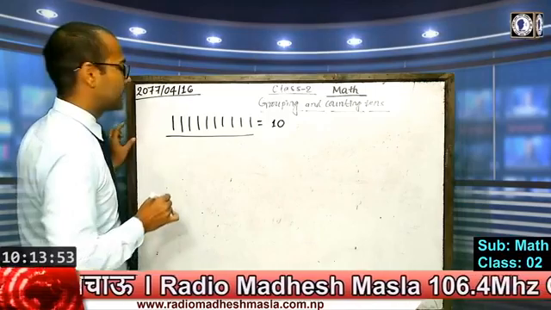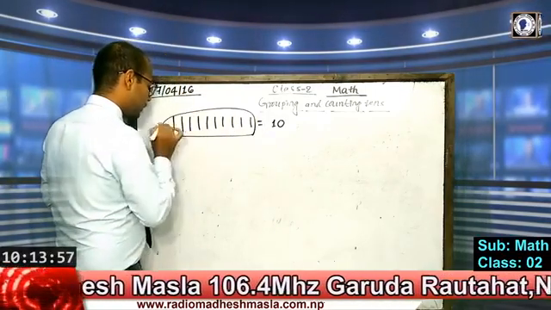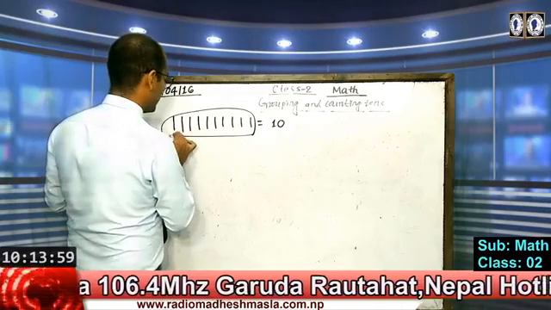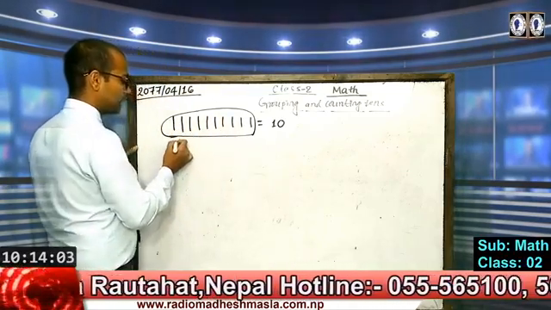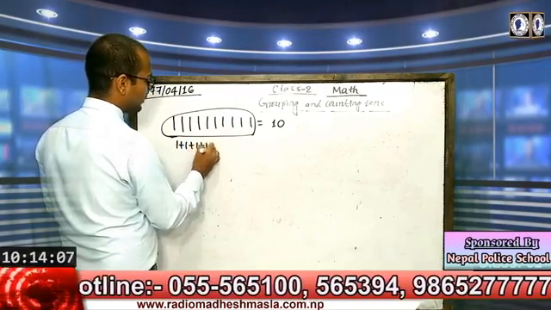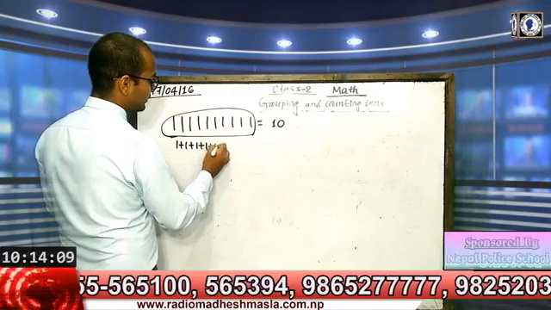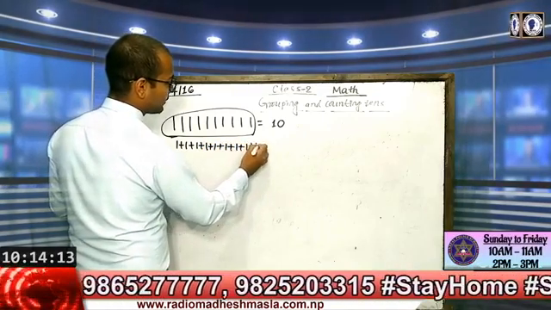That means when we group these 10 pencils, when we add these 10 pencils with each other, that means 1 plus 1 plus 1 plus 1, 1 2 3 4 plus 1 5 plus 1 6 plus 1 7 plus 1 8 plus 1 9 plus 1 10.